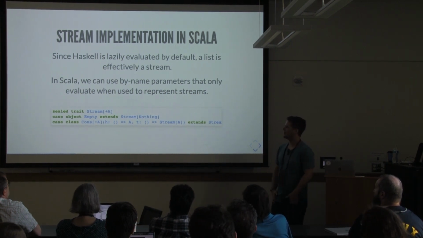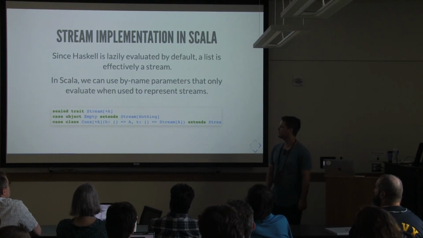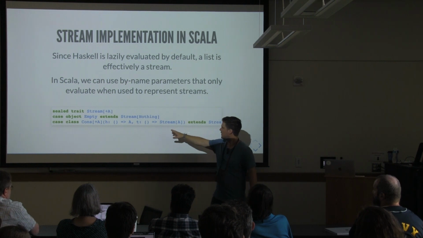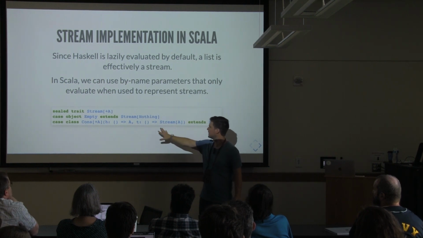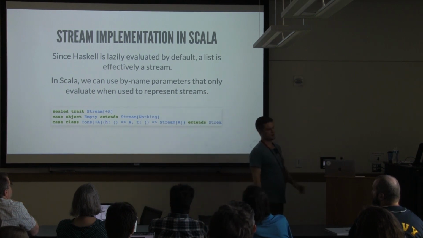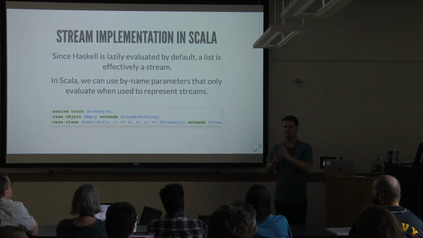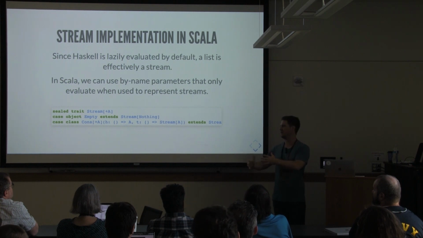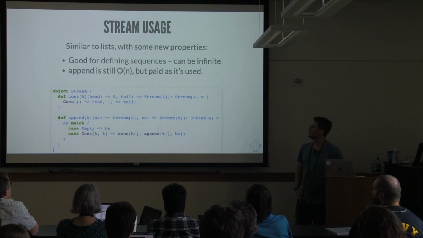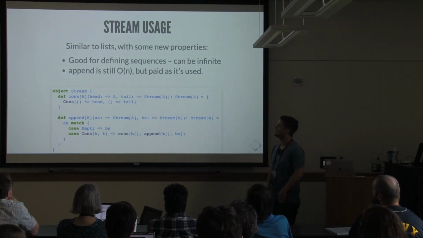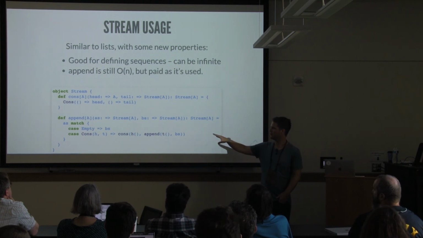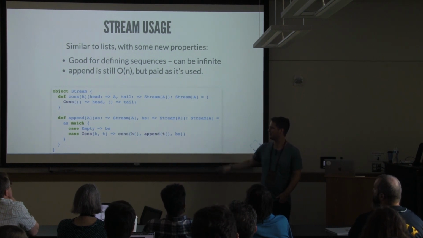In Scala, we have a concept of by-name parameters. These are just functions with no arguments. You can call them thunks. You wrap something in a function to delay its evaluation until you actually call that function. So the stream is very similar to the list, except that we delay the execution of this tail.